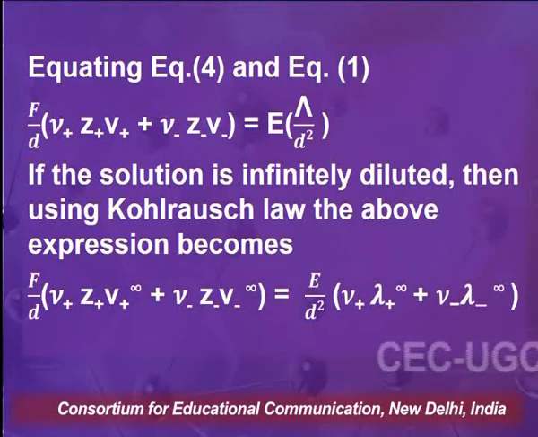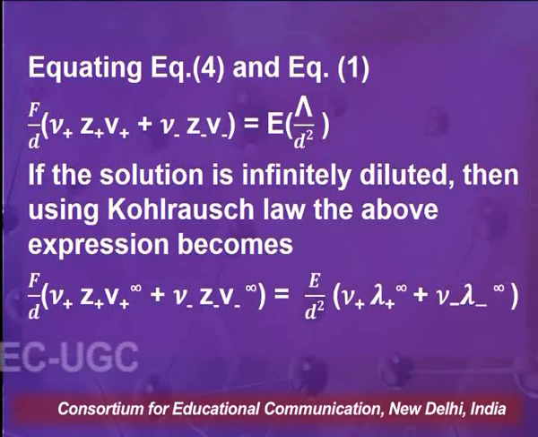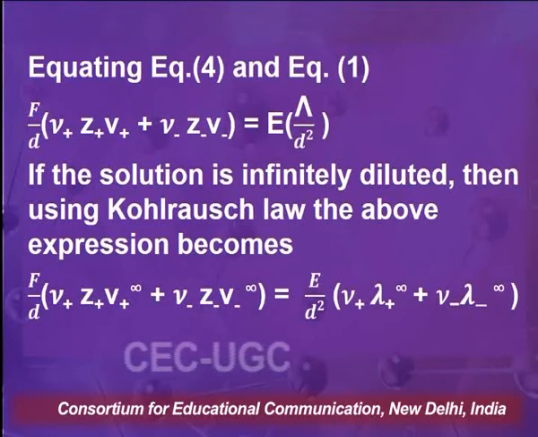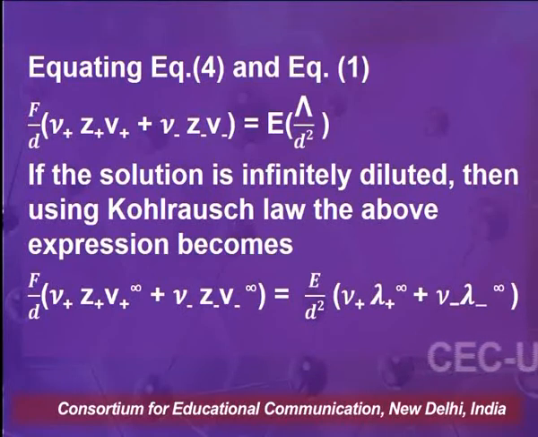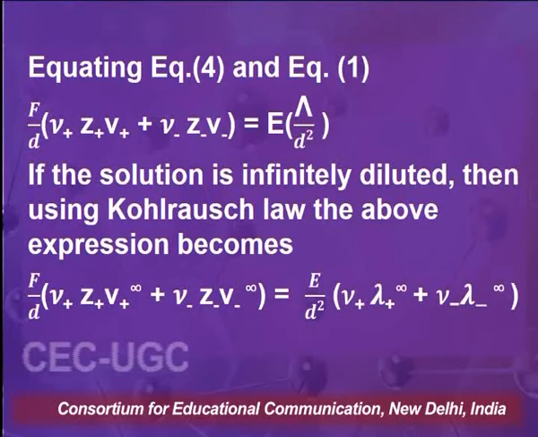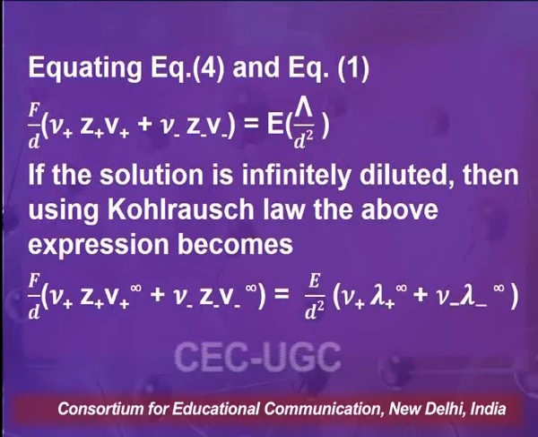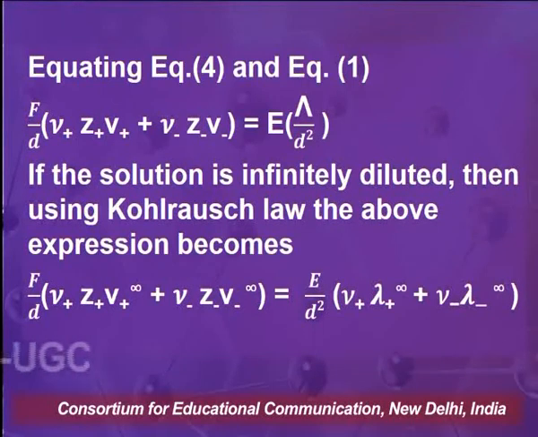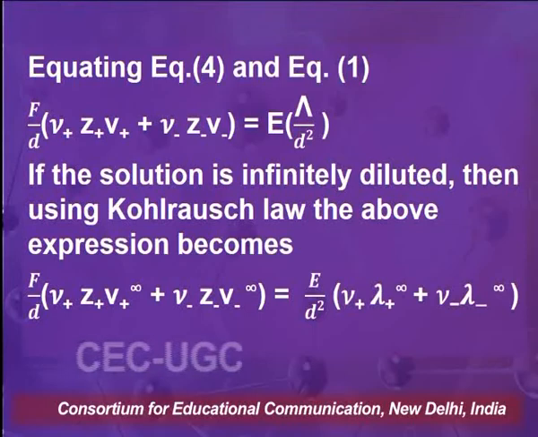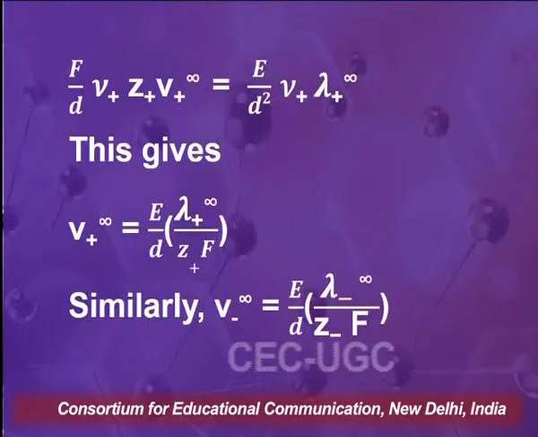If the solution is infinitely diluted, then using the Kohlrausch law, the above expression becomes F by d into nu+ z+ v+ infinity plus nu- z- v- infinity is equal to E by d squared into nu+ lambda+ infinity plus nu- lambda- infinity.